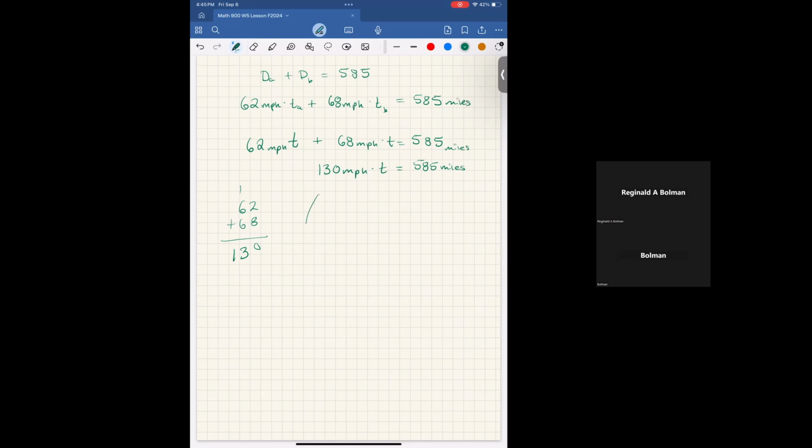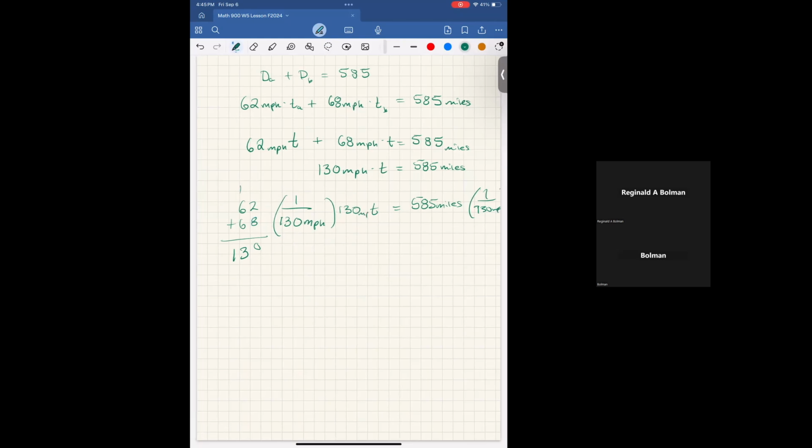Now, we can use the multiplicative inverse. And what's going to happen is, sorry guys, the multiplicative inverse should be like this. There should be a 130 there.